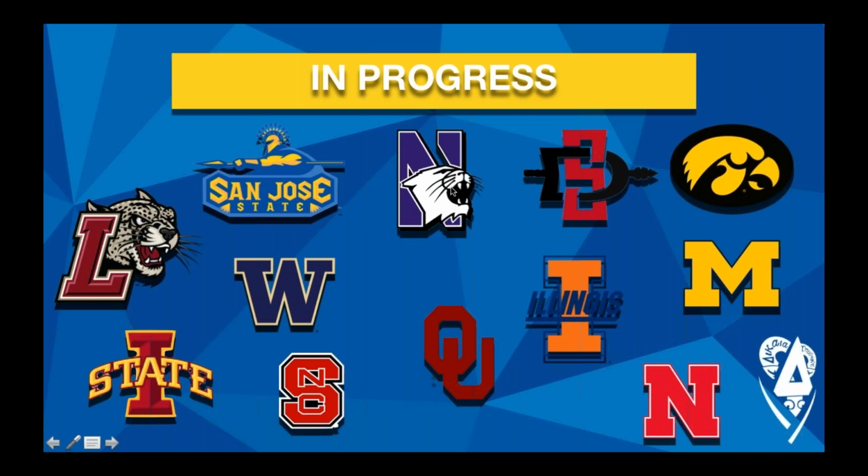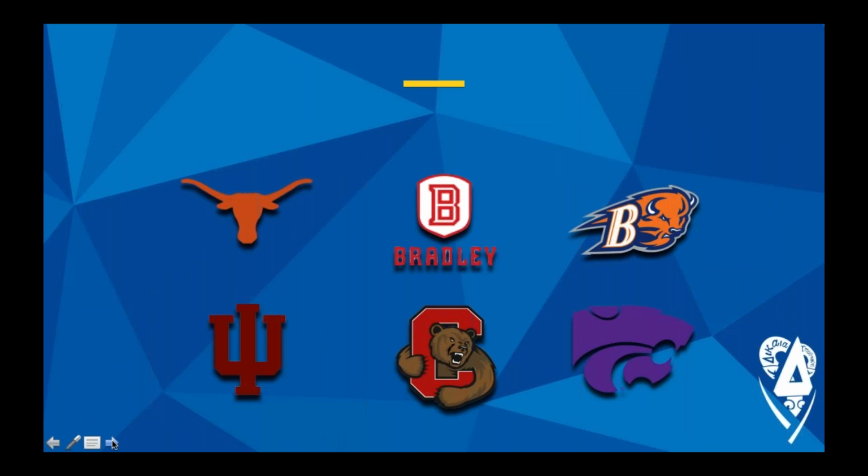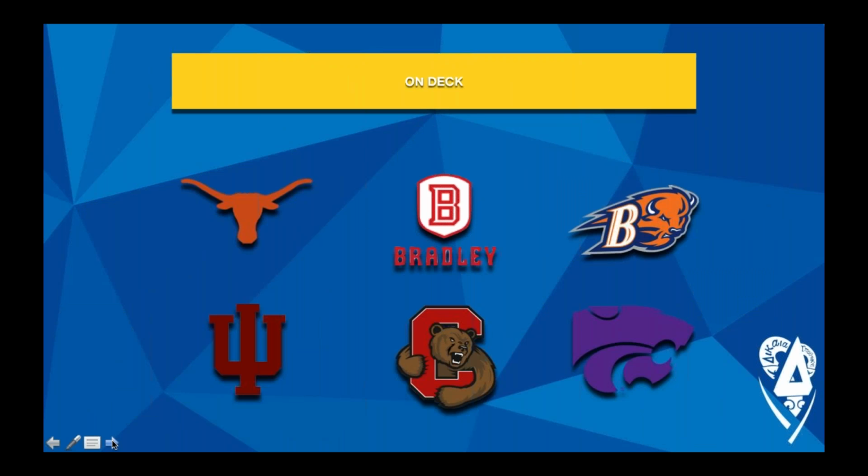Now, I mentioned earlier that there are a couple of locations that we are starting to work with. So these are groups that we've had initial conversations with alumni and/or individual donors, and we'll be working on these in the coming months. Texas, as you all are probably familiar, we just recolonized on that campus.